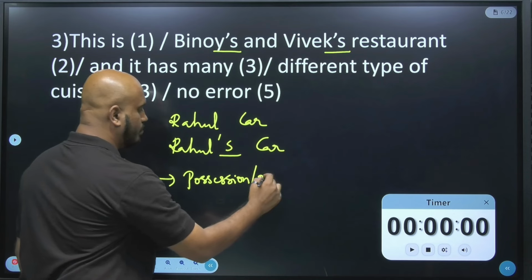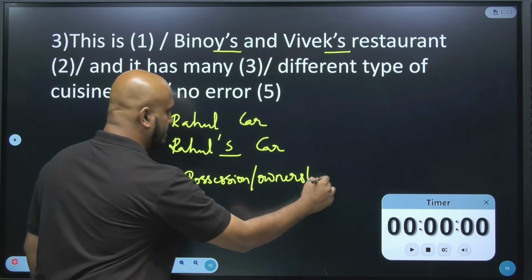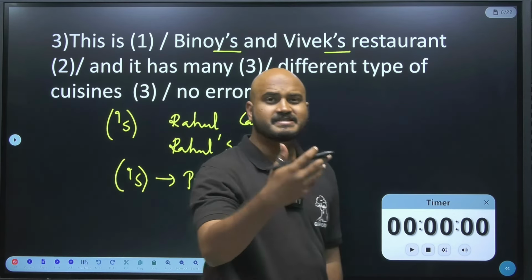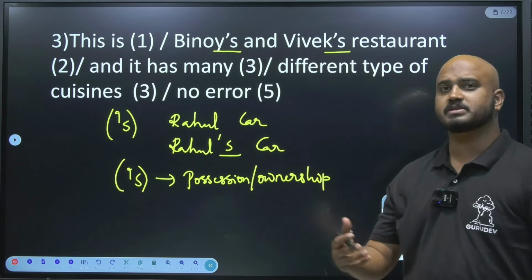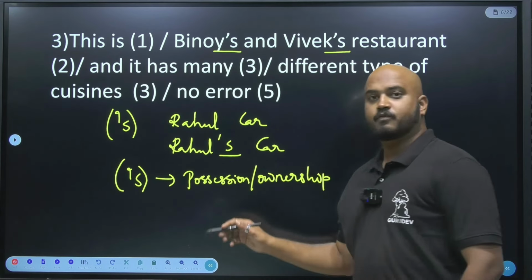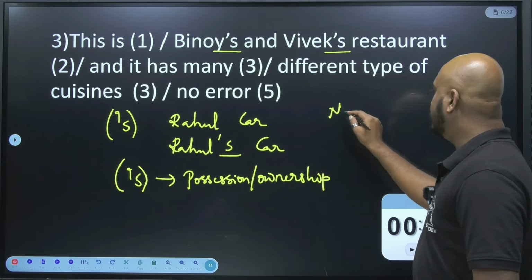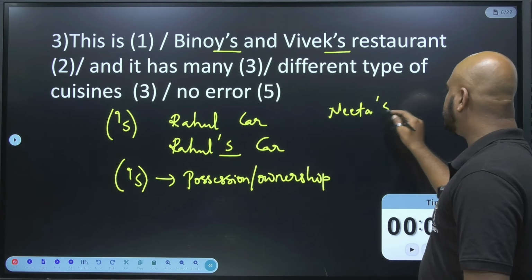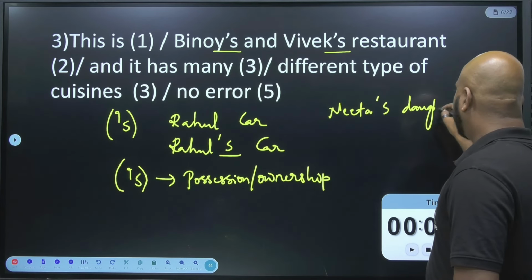So, if you want to talk about any possession or ownership, belonging of someone or something, or generally someone, because apostrophe is purely used with living things or living beings, and hence we use that. Like I write Nita's daughter. I don't write Nita daughter, I write Nita's daughter.